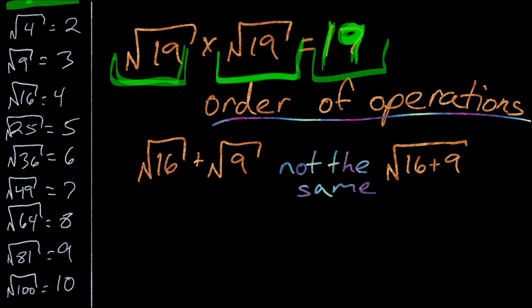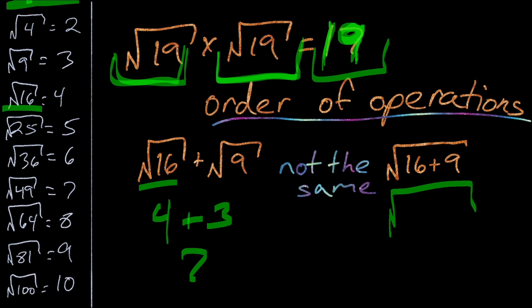Okay? So for addition, if I'm going to take the square root of 16, if I'm not 100% sure, I can look up on my chart, but that's 4, because 4 times 4 is going to be 16, right? And then the square root of 9 is 3. And then I just add these together. Now I have to do what's inside the square root bracket first.